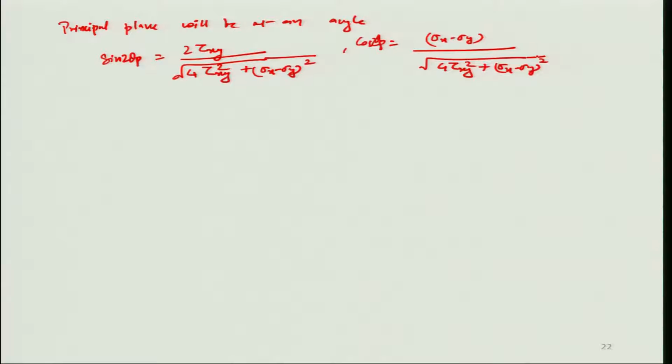So having said that, let me write this down properly. Cos twice theta p. So this is about the principal plane angle theta p. So theta p is the angle of the principal plane.